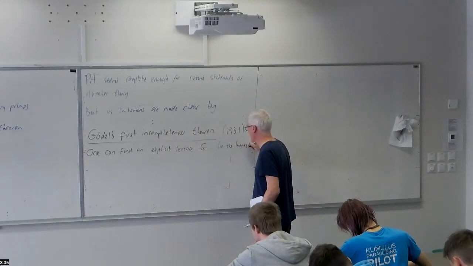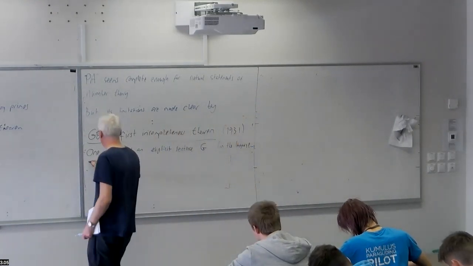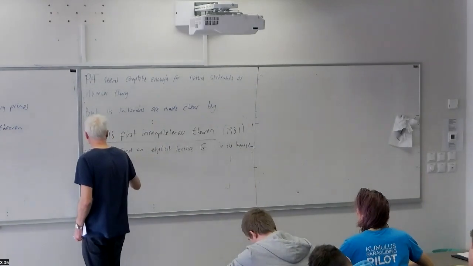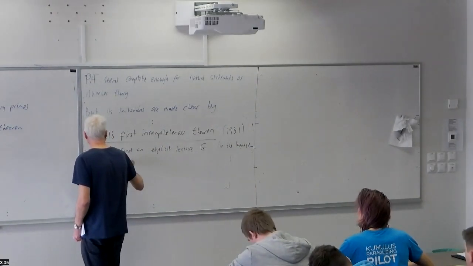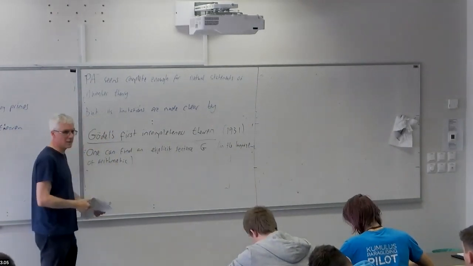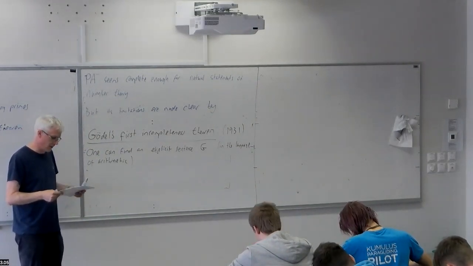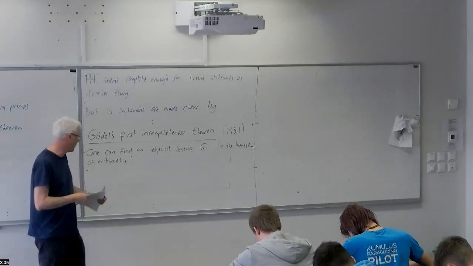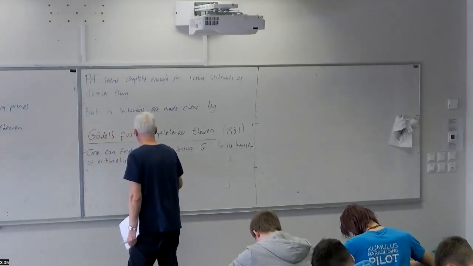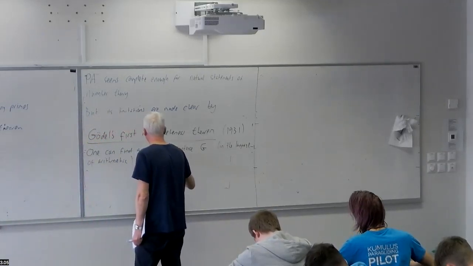The language of arithmetic is the one we had last week, which is just the signature with 0, plus, times, and 1, interpreted in the natural numbers. Such that three properties hold.